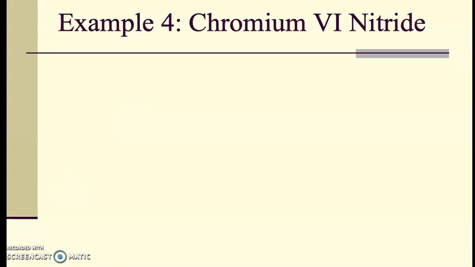Chromium VI nitride. Chromium is Cr, VI is 6+, nitrogen is N3-. Perfect. Now we crisscross. The 6 goes there, and the 3 goes there. So it becomes Cr3N6.